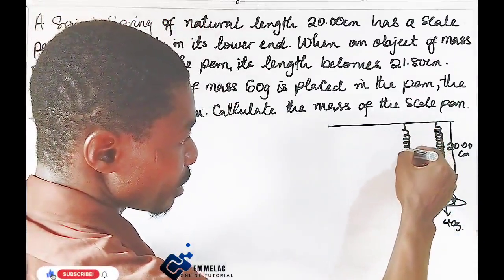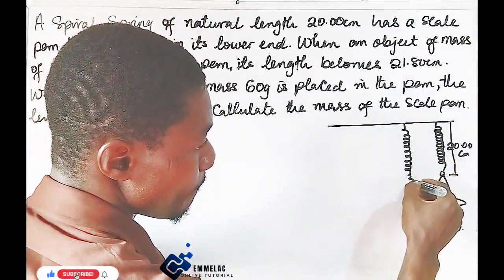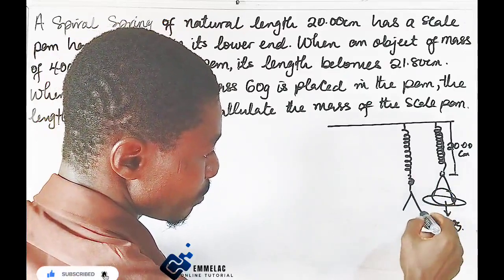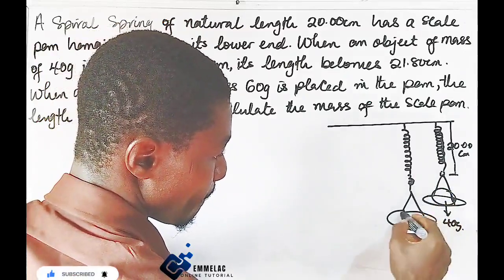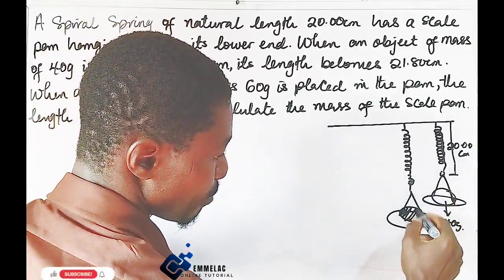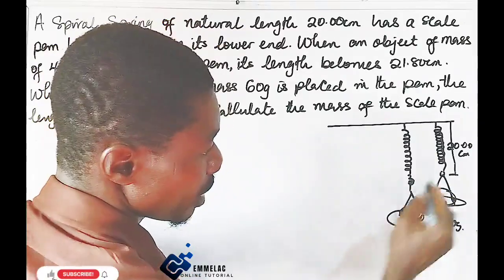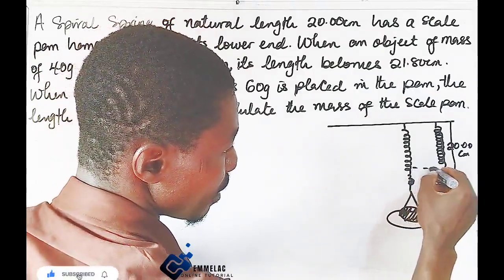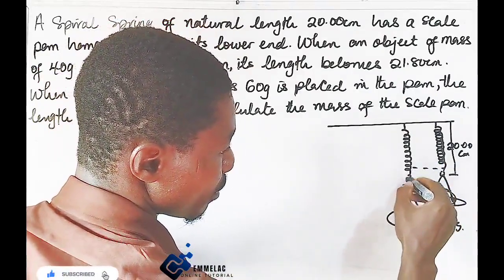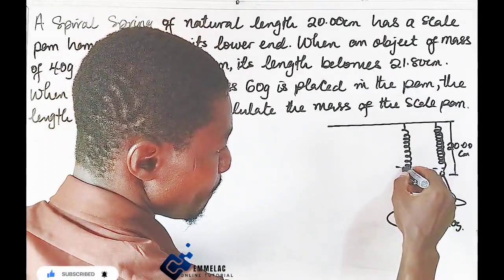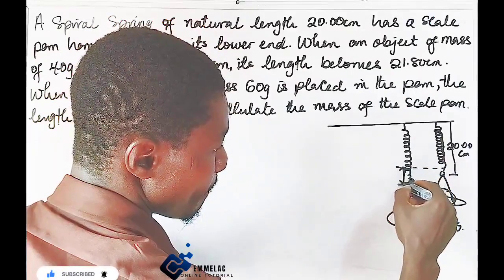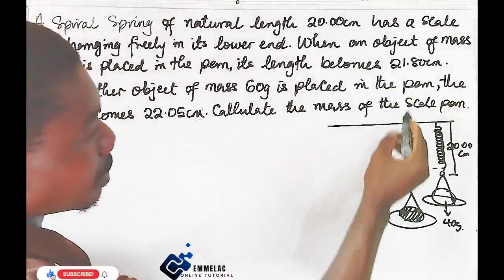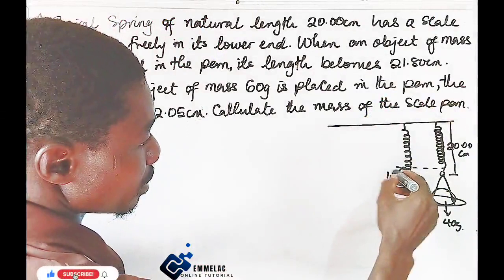Let us assume that the extension comes this way, and this is the mass itself, that is the 40. So there's an extension from here to here, and that extension is 1.80.